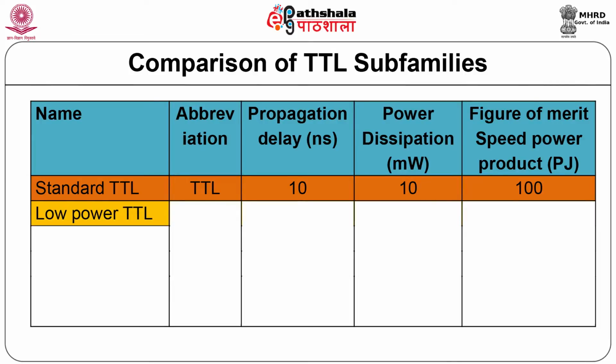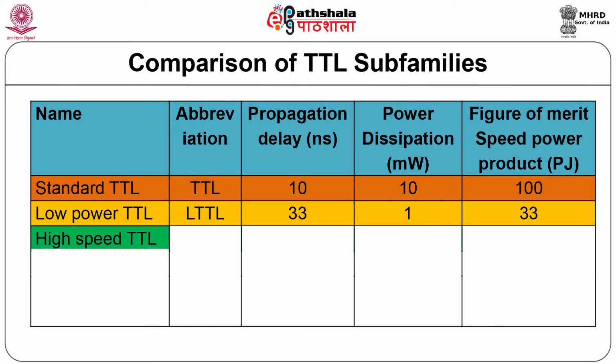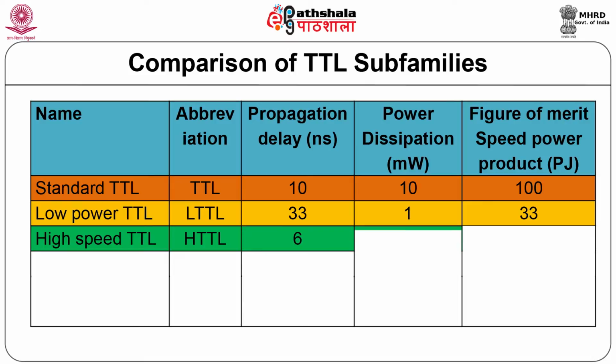Low power TTL, abbreviated as LTTL, propagation delay 33 nanoseconds, power dissipation 1 milliwatt, speed power product 33. High speed TTL, abbreviated as HTTL, propagation delay 6 nanoseconds, power dissipation 22 milliwatt, figure of merit 132.